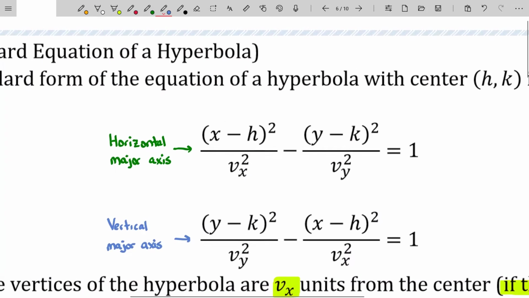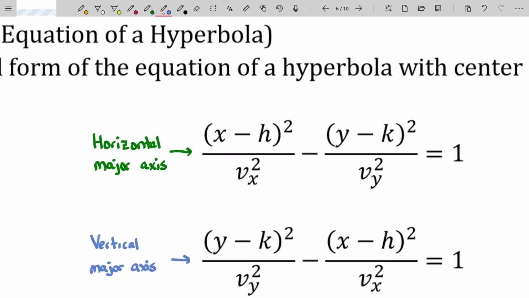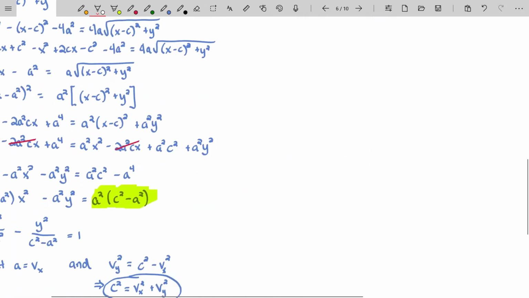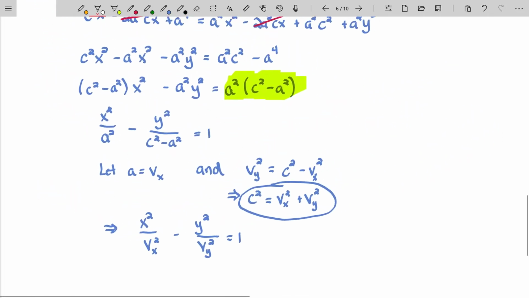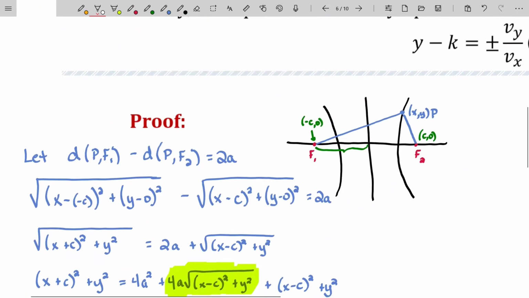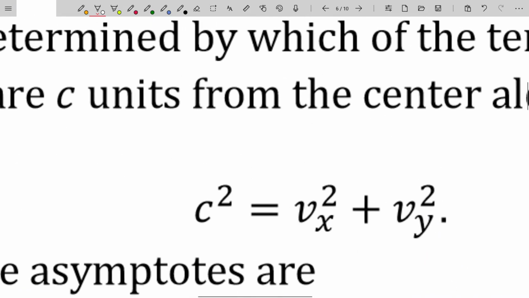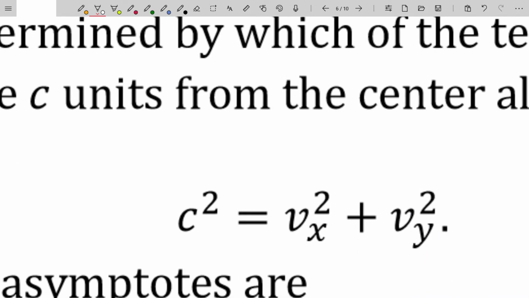I'm not going to do it for the second part, but that's what we have without the shifts. So if you ignore these h and k, that's what we have. x squared over v sub x squared minus y squared over v sub y squared is equal to 1. That's what we just arrived at. And we have the relation that c squared is equal to v sub x squared plus v sub y squared.